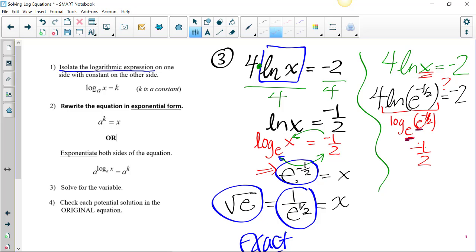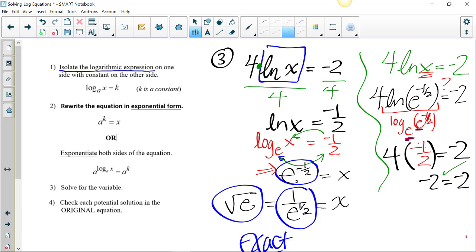So the natural log of e to the negative 1/2 evaluates out to negative 1/2. So then we're trying to see, is 4 times negative 1/2 equal to negative 2, which it is. Okay, so some cool properties we can review while we're checking.